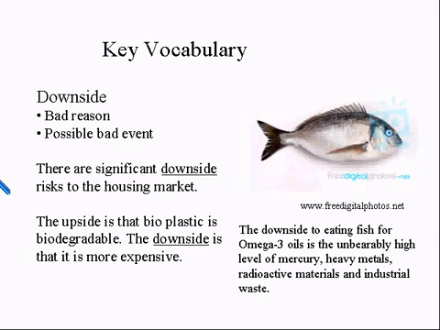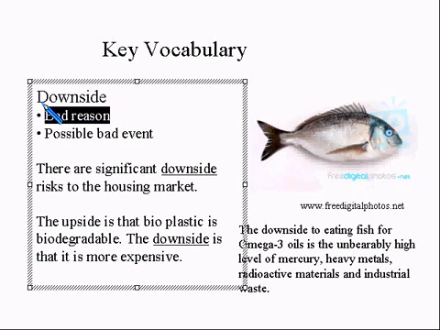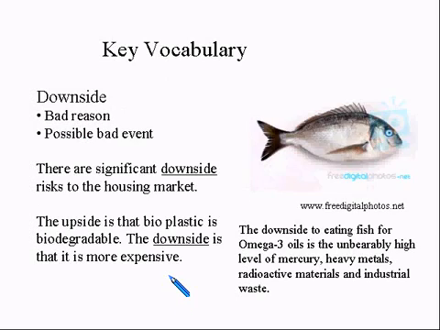If you're talking about markets, downside usually means the price will go down. Or the upside is that bioplastic is biodegradable. The downside is that it is more expensive. So that's the bad reason for using bioplastic.